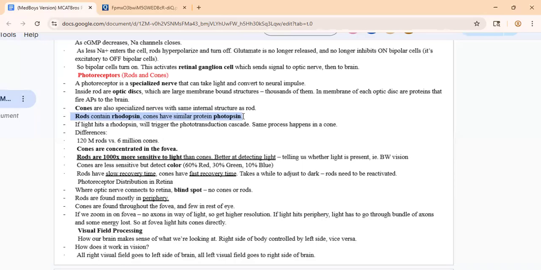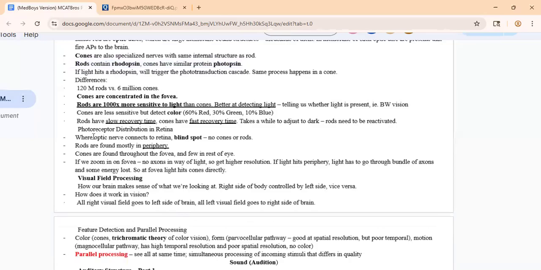It's important to know that rods are more sensitive to light than cones. That's pretty much it. It's good to know that your optic nerve connects to the retina, and the blind spot is basically where you have no cones and no rods.